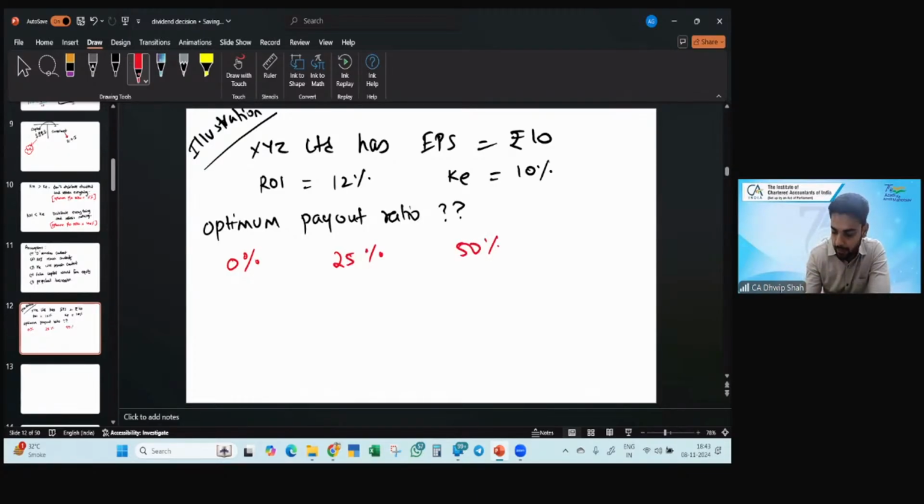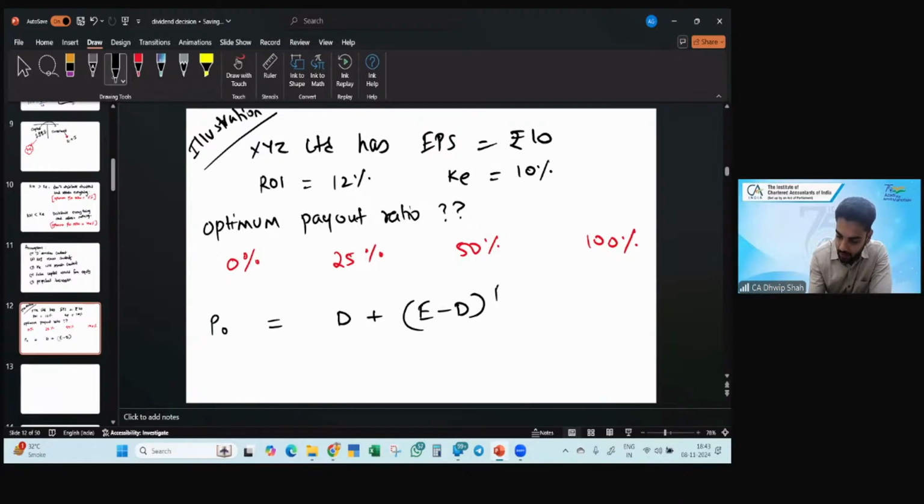And if the payout ratio is 50% and 100%. As per Walter, the price of the share today is D plus E minus D multiplied by ROI upon KE, the whole upon KE. So our first step is to write down the formula.